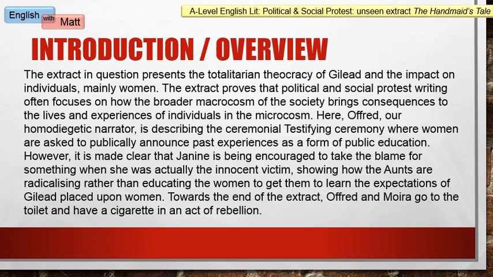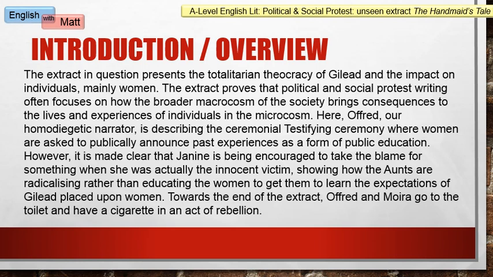The extract proves that political and social protest writing often focuses on how the broader macrocosm of society brings consequences to the lives and experiences of individuals in the microcosm. Here, Offred, our homodiegetic narrator, which means first person, is describing the ceremonial testifying ceremony where women are asked to publicly announce past experiences as a form of public education.